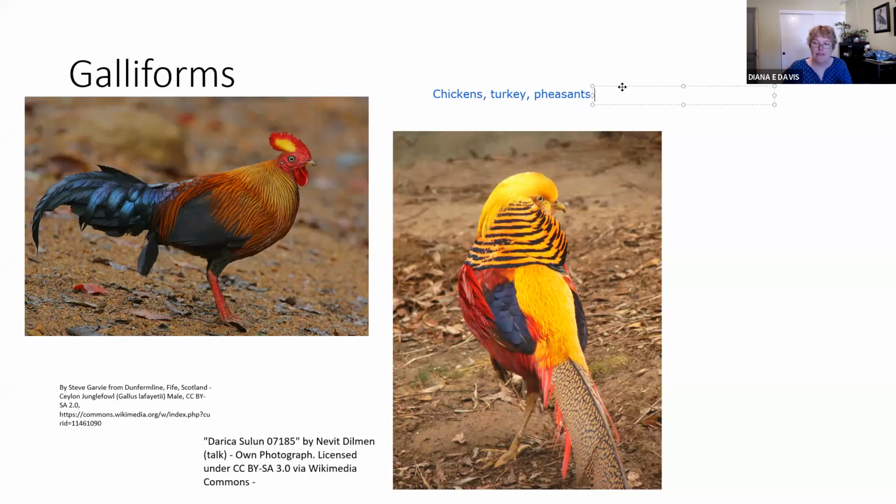And I have not been bitten by a ratite, but I suspect it's a similar situation. They could give you a really nasty bruise. Any other ratite questions before we go on to the chicken-like birds?